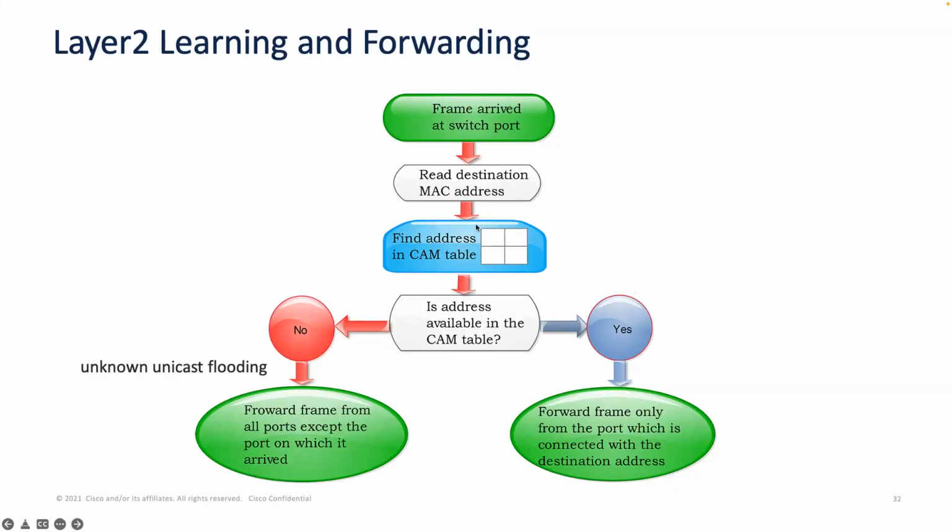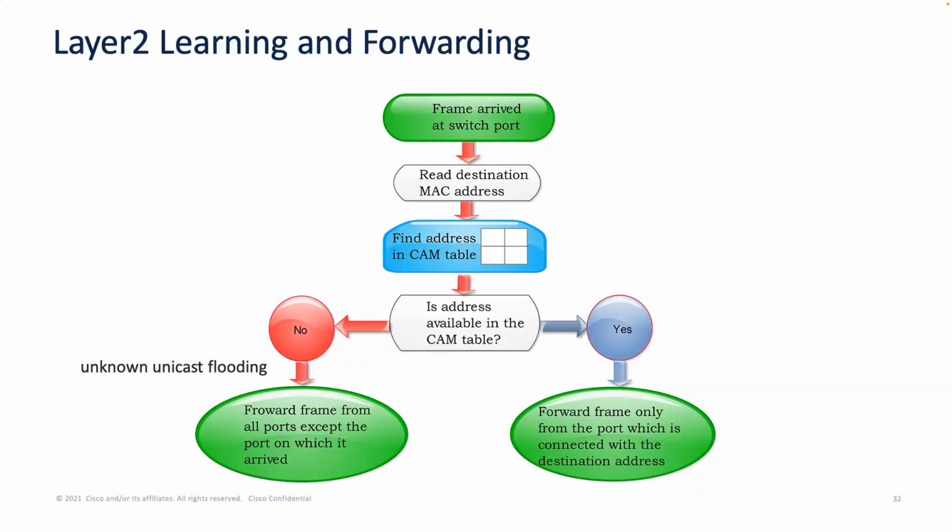If the destination MAC is known and listed in the database, the frame is sent out through that interface only. But if the destination MAC address is unknown, the frame is flooded out of all the active interfaces except the interface that received the packet.